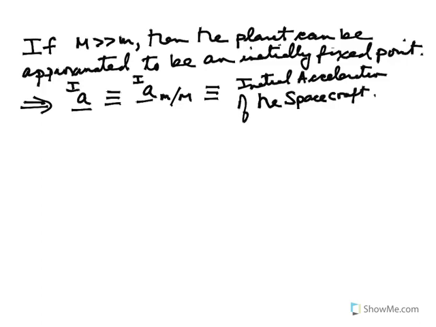So we now have yet another simplification that comes out of that assumption. Now this equation doesn't just give us relative motion, but it gives us motion relative to an inertial frame under all these assumptions.